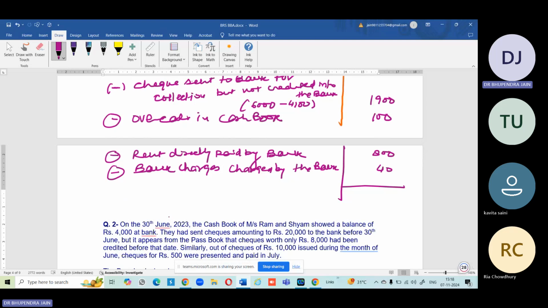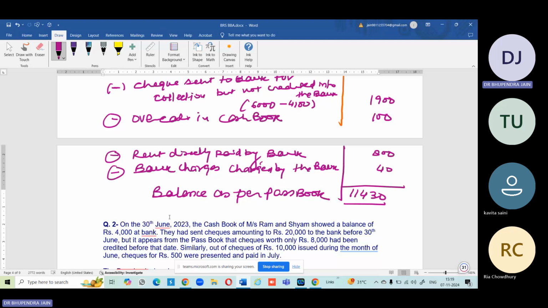This is 11,430. But here we will write balance as per passbook. We take the balance as per passbook.